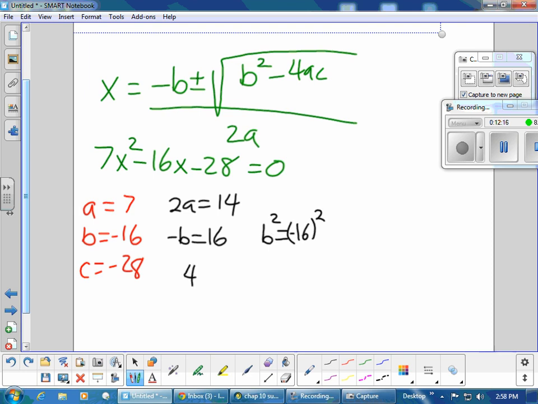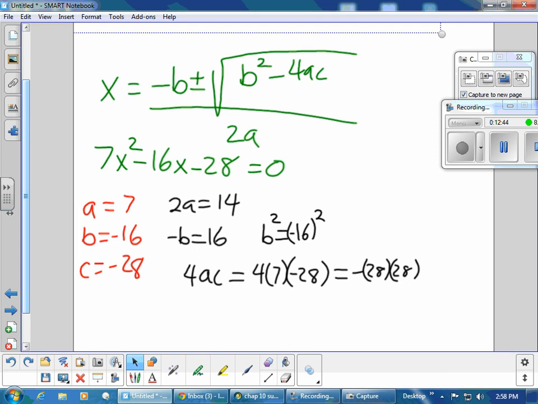And 4ac is 4 times 7 times negative 28, which ends up being negative 784.